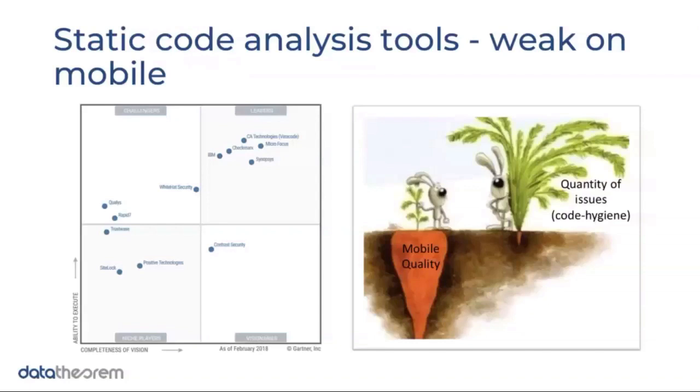So in the graphic on the right, you can see quality needs to be the emphasis when you talk to the developer community, because you're just going to fatigue them with so many issues, and you will force them to do it.